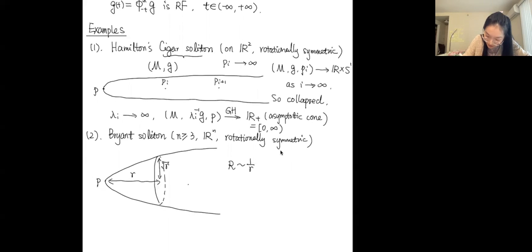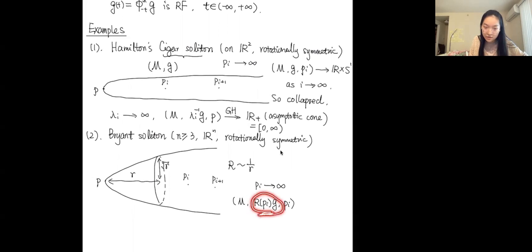And here we also want to do something similar as before. Now we take a sequence of points pi going to infinity, and we'll consider the rescaled flow at pi. We scale down this metric by the scalar curvature so that the rescaled metric has normalized scalar curvature at the base point.